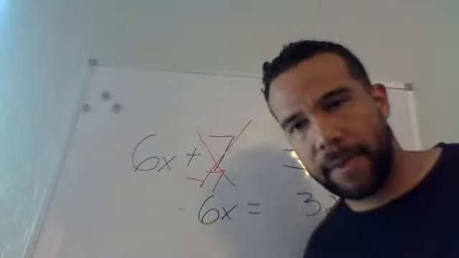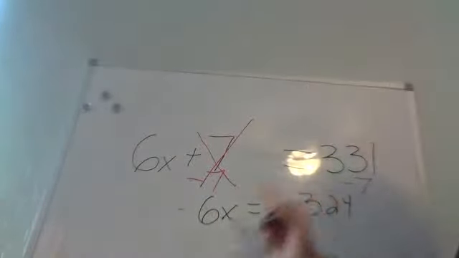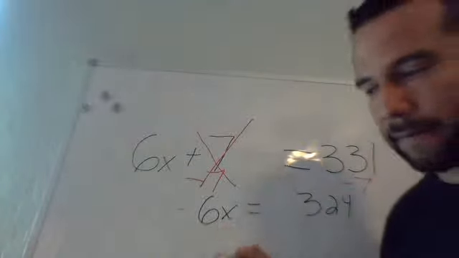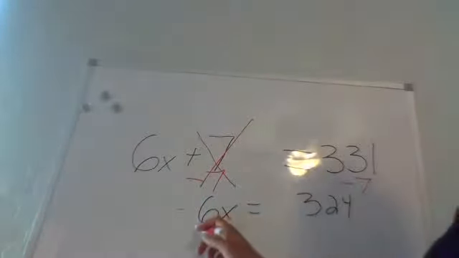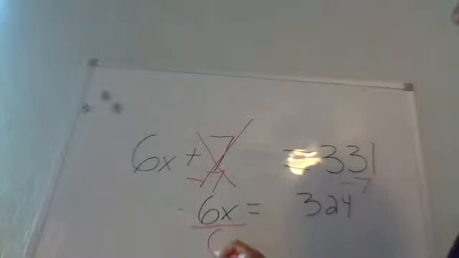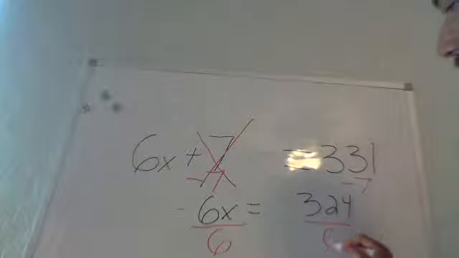All right. So from here, I still don't have the x by itself, so I have to find a way to get the x by itself. I have to divide by 6, and if I do it on one side, I need to do it to the other side.